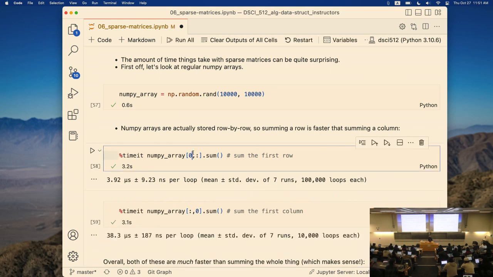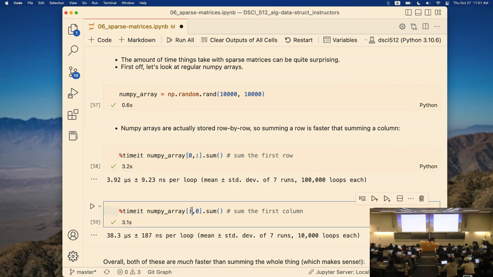Here I'm summing the first row. And here I'm summing the first column, and I briefly talked about this in DSCI 511. You can see that summing along the row is way faster than summing along the columns, although both have the same number of elements in them.